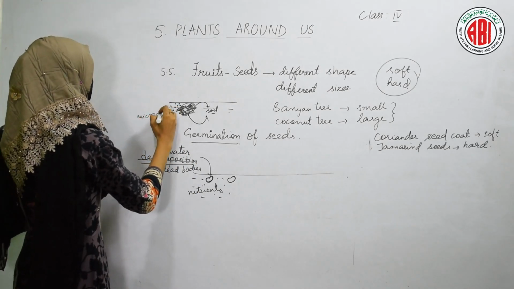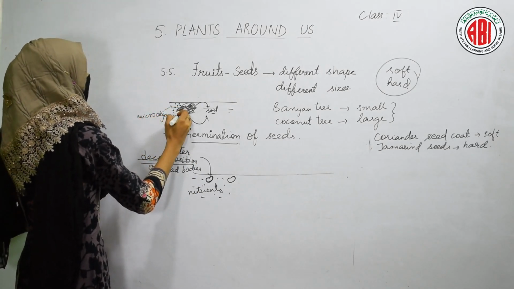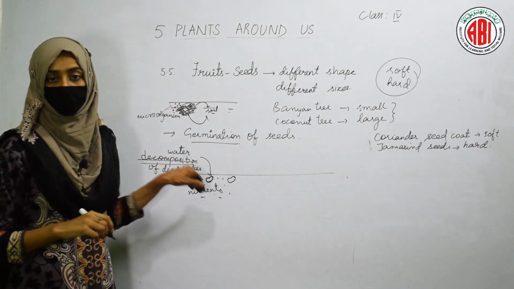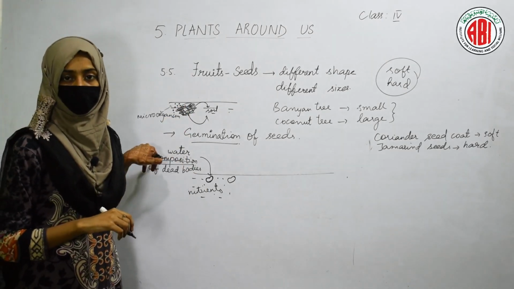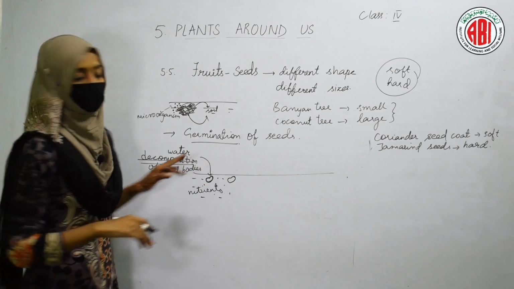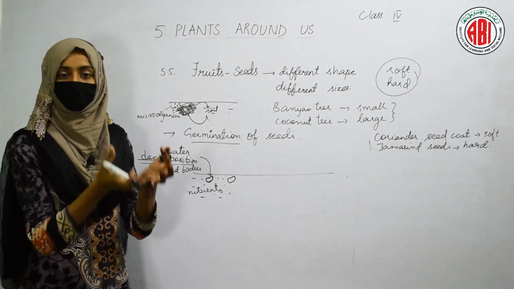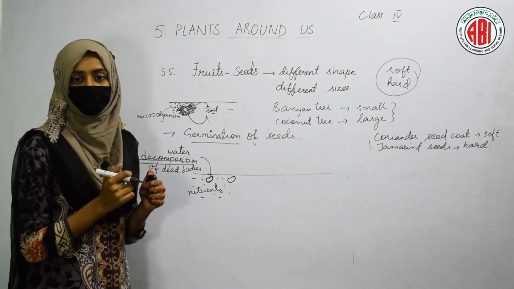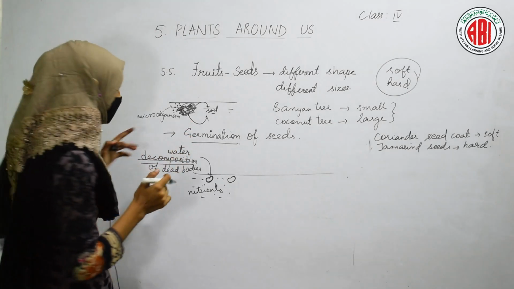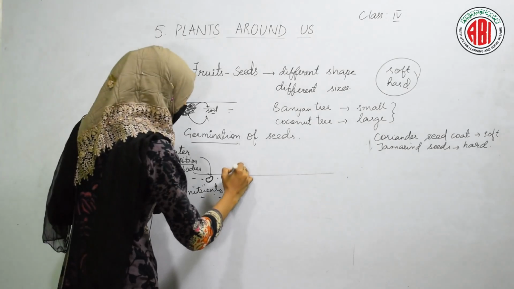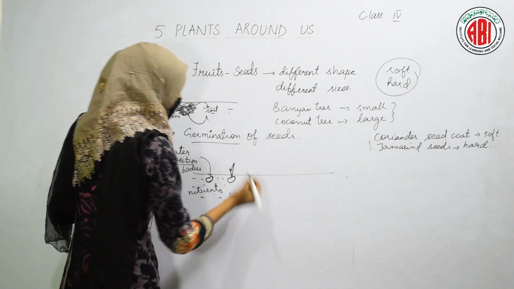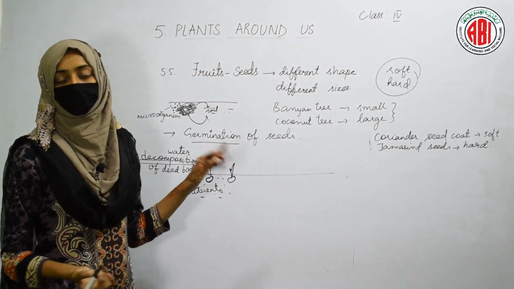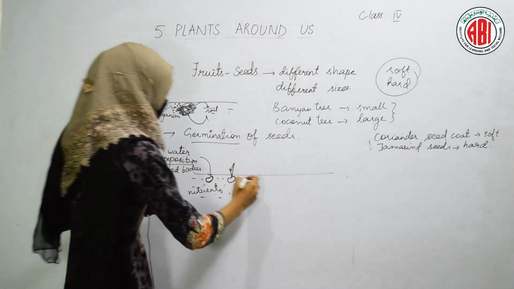So decomposition can be achieved by the action of microorganisms. Once the microorganisms add the nutrients and minerals into the soil by decomposition, those nutrients are available to the seed. The seed absorbs those nutrients, absorbs the water that is present in the soil, and then it can be germinated. So here you can find a sapling coming out of the seed.